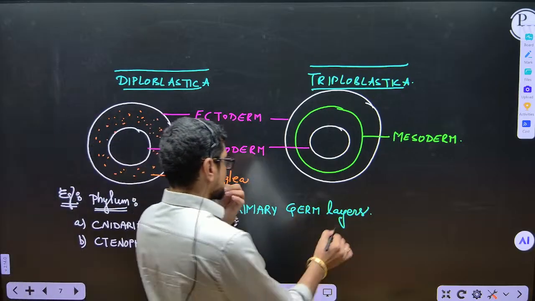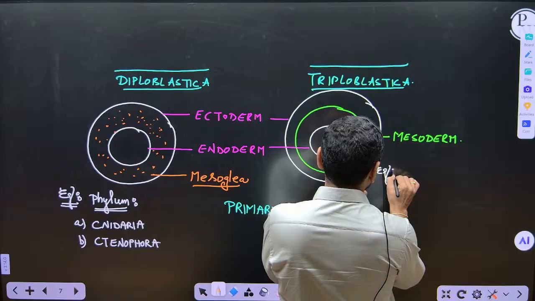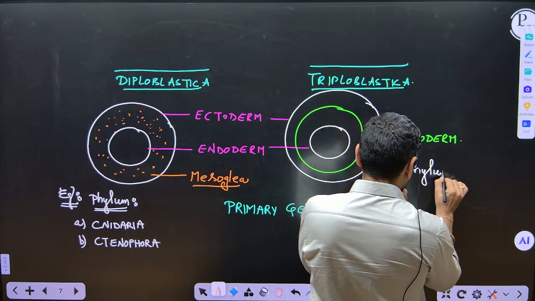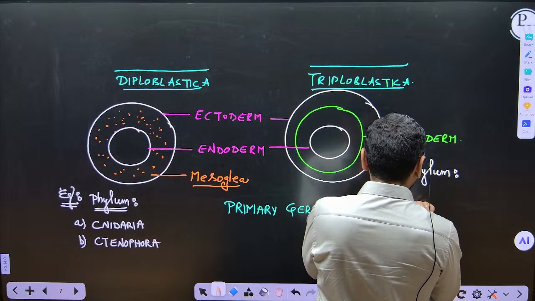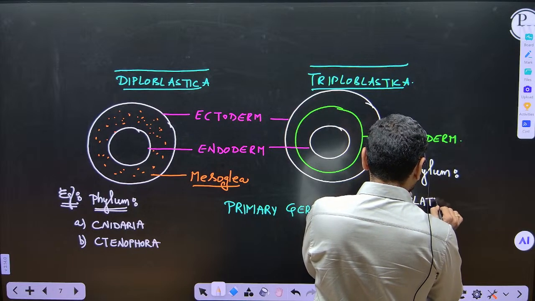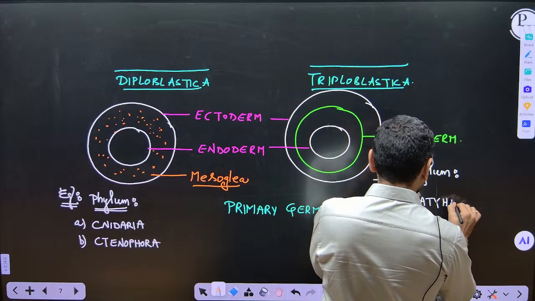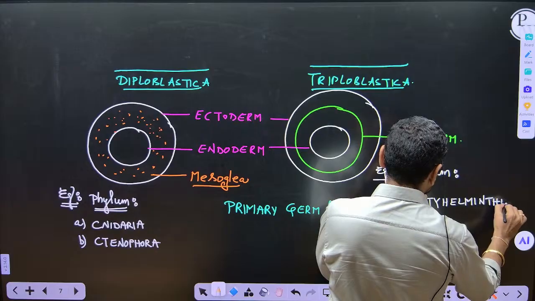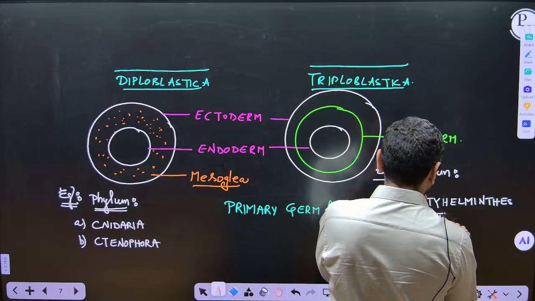These are the two examples. And here the example, phylum Platyhelminthes.